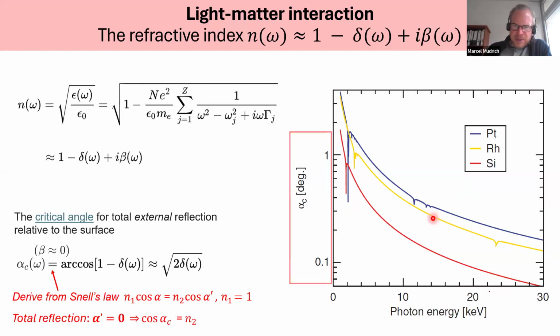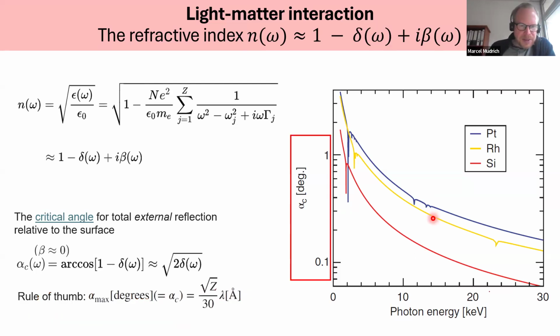So basically, total external reflection is possible, but only at very small angles, meaning grazing incidence optics are needed. And as a rule of thumb, you can simplify this and plug in numbers: the critical angle is something like the square root of Z, where Z is the atomic charge, or the number of electrons per atom, divided by 30 times the wavelength.